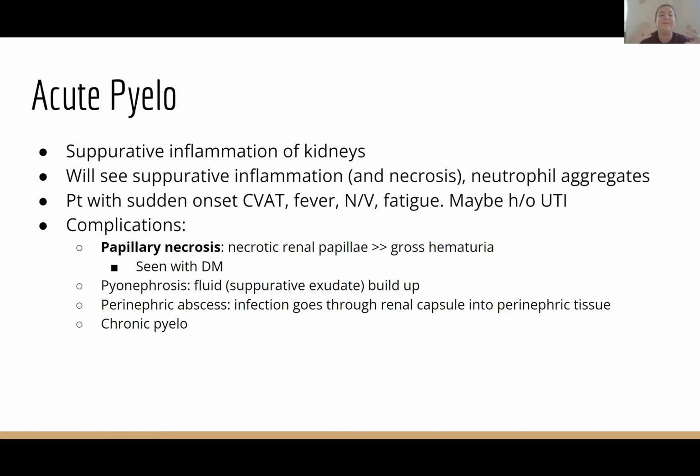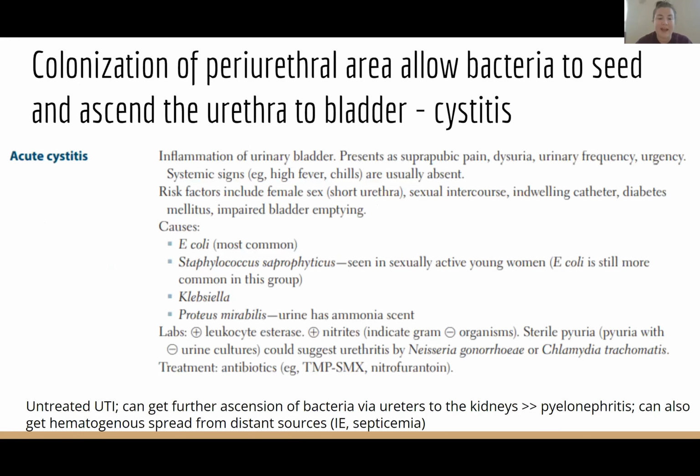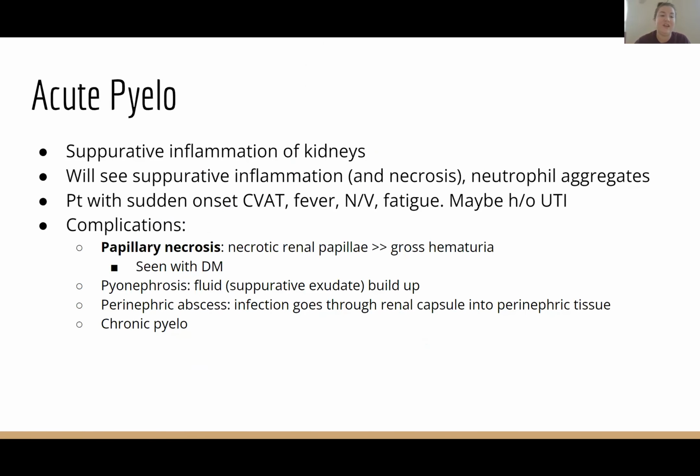It's like they're in immense pain. And then fever, nausea, vomiting, and fatigue, those are all systemic signs of infection. They might have had a history of UTI. But on this slide, I forgot to point out, you can get hematogenous spread from other places. So if you have infective endocarditis, and you get an embolization, it can seed in this area and you can get acute pyelo.